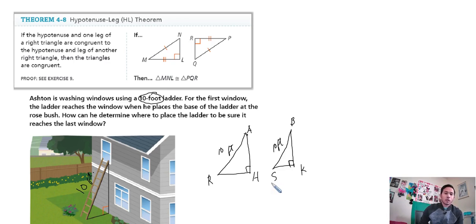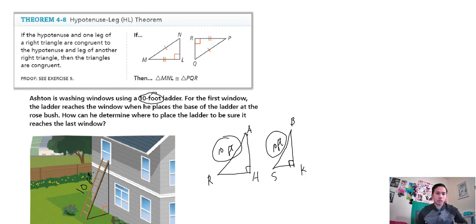So it's basically the same triangle here. If you are going to analyze, because this one is congruent already, if one more side is congruent, let's say RH is congruent to SK, then you can use hypotenuse leg. And also if AH is congruent to BK, then you can also use hypotenuse leg as a justification.